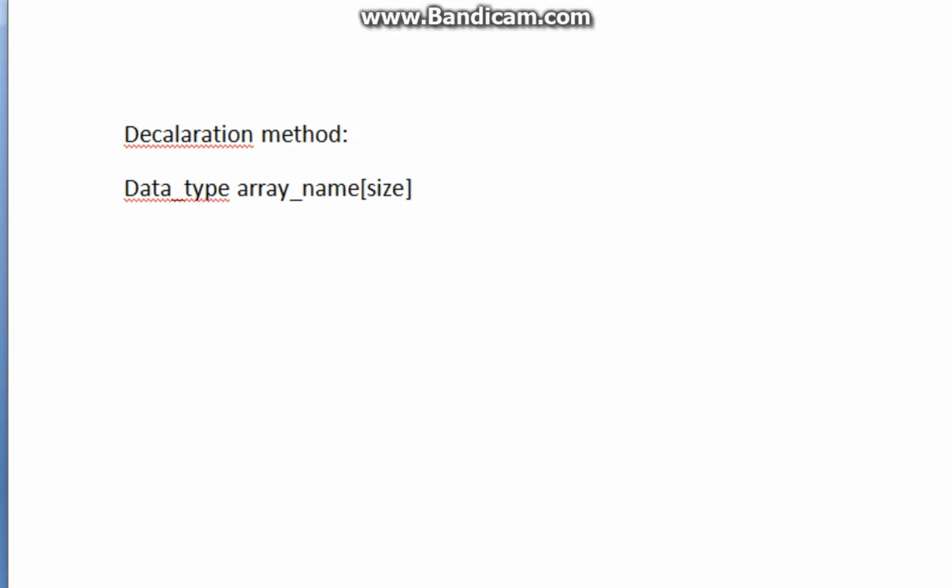First of all, we will see the declaration method of an array. How can we define an array? In the first line we write the data type in which we want to occupy space, and after that the array name, and here we give the size and end with a semicolon.